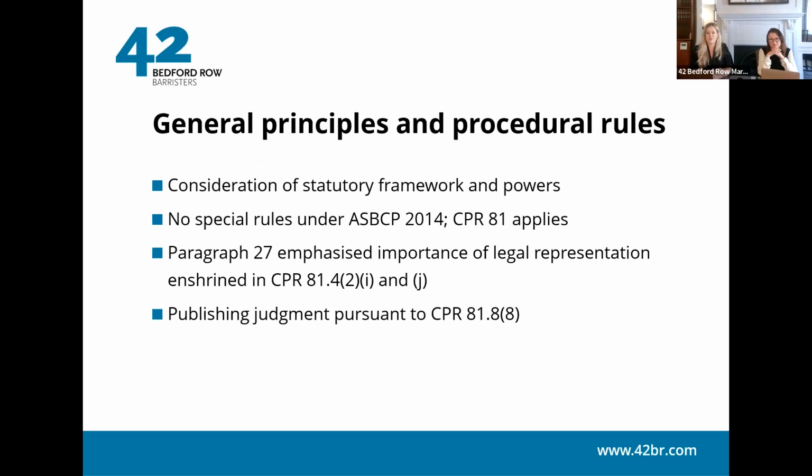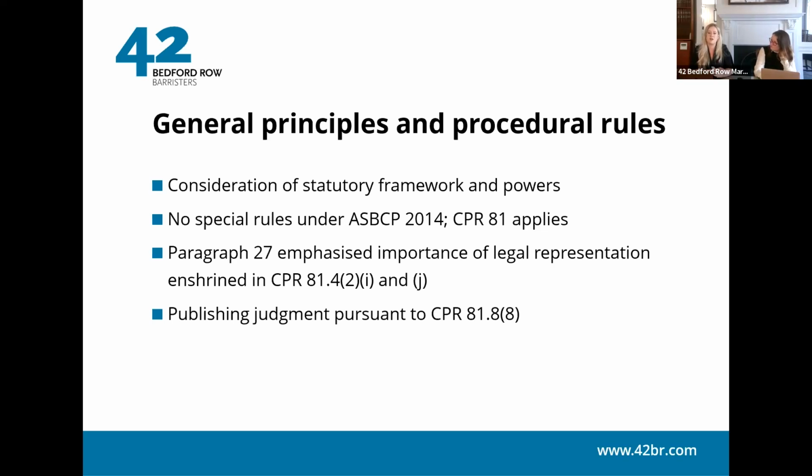So dealing first with the general principles and procedural rules that were looked at. I don't want to get too much into this because Niamh's very helpfully gone through, particularly CPR 81 and how that would apply. One point to note is that the Antisocial Behaviour Act from 2014 didn't create a special jurisdiction or set of rules that would only apply to those type of injunctions.